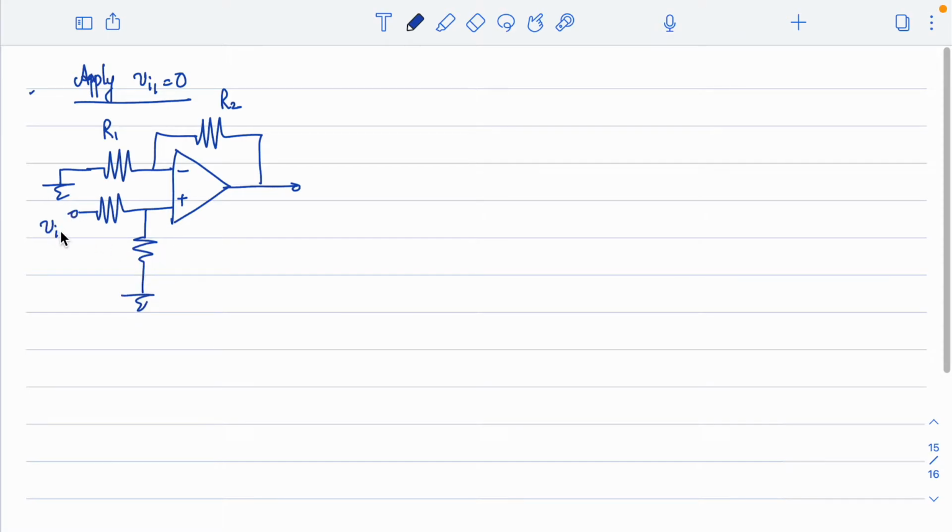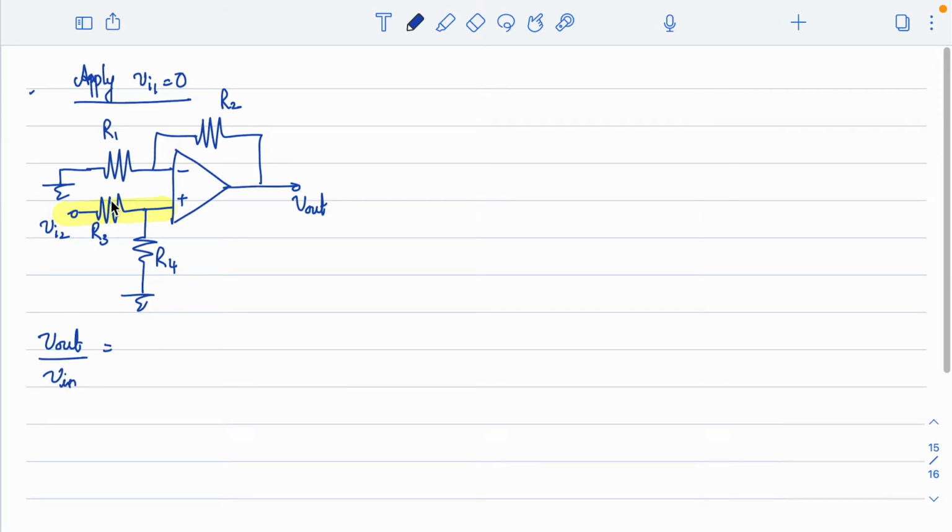This is Vi2, this is R3, and this is R4. All right. Now, if I look at the non-inverting path, so the non-inverting path is this. What is the gain now? If I write Vout by Vin, can you tell me what the gain is now?